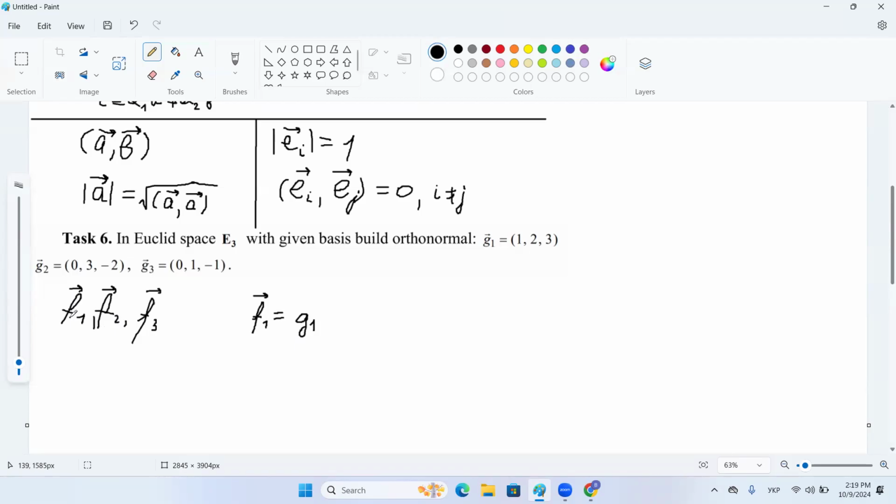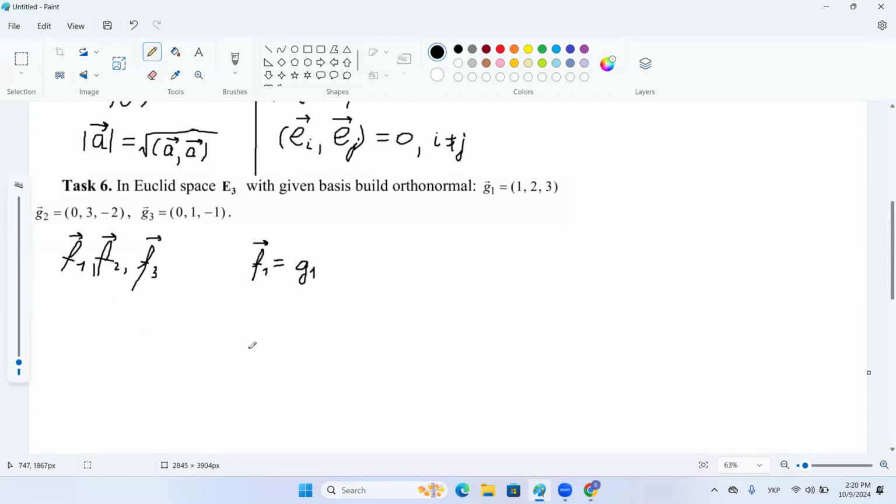Okay, I will maybe use another character for F because maybe it's not understandable. And F2 can be found like that. So recursively, G2 plus alpha 1.